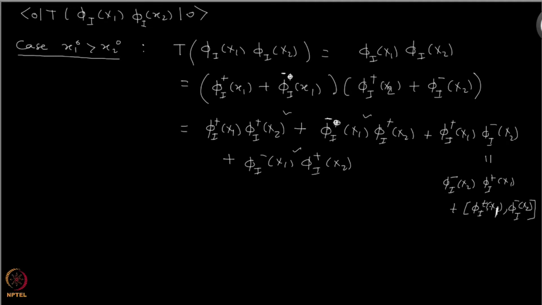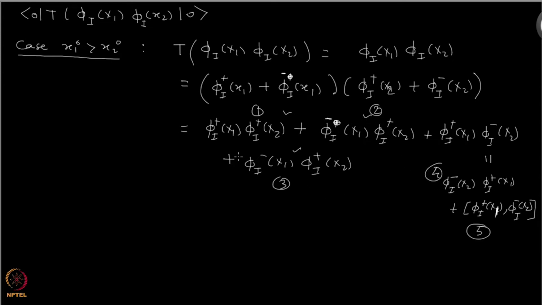Right. So now I have the following result. I have term number 1, term number 2, term number 3, term number 4, and term number 5. In all four terms, 1, 2, 3, 4, you always have a plus to the right and a minus to the left.